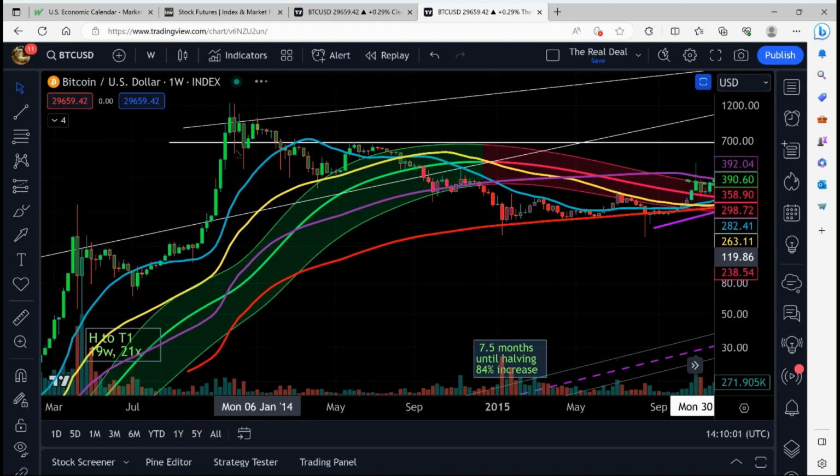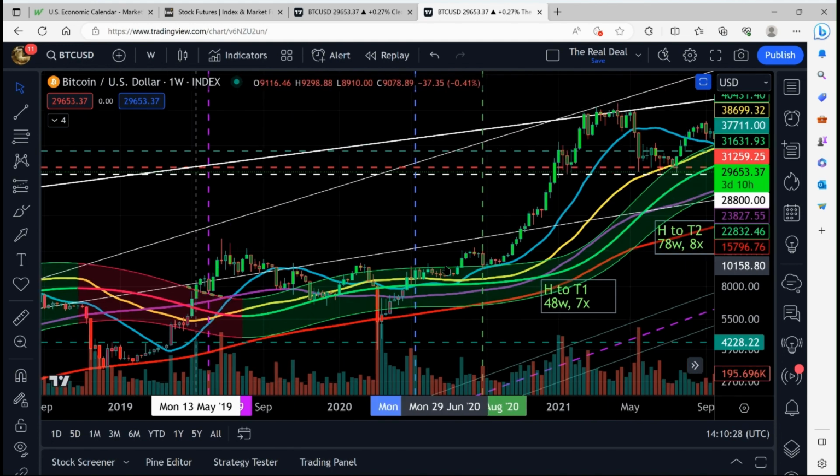Let's see. So back here, well, the double tops were kind of different. We breached it barely, didn't even come down to the 50. We came down to the 50 here, came back up above it. So maybe you want to call this our second top, and not much of one.